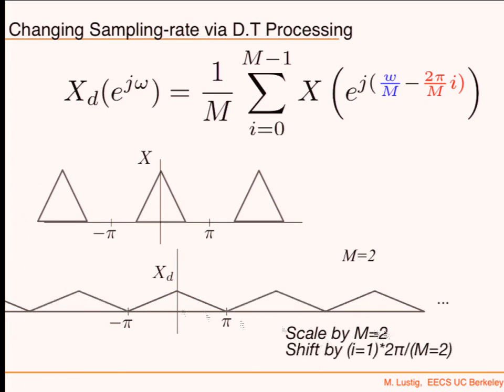If I do that, it looks like this. So now it actually looks like a DTFT, and my spectrum covers the entire digital spectrum. Does this make sense?